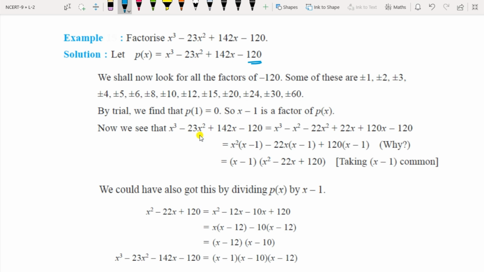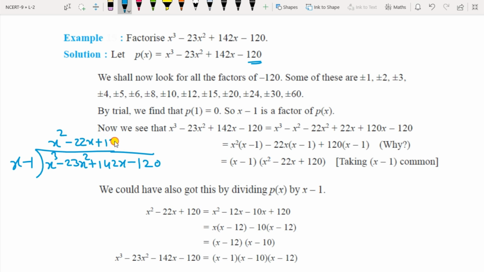Then you have to divide it, and you will get this term also after dividing x cube minus 23x square plus 142x minus 120 by x minus 1. You will get the quotient as x square minus 22x plus 120.